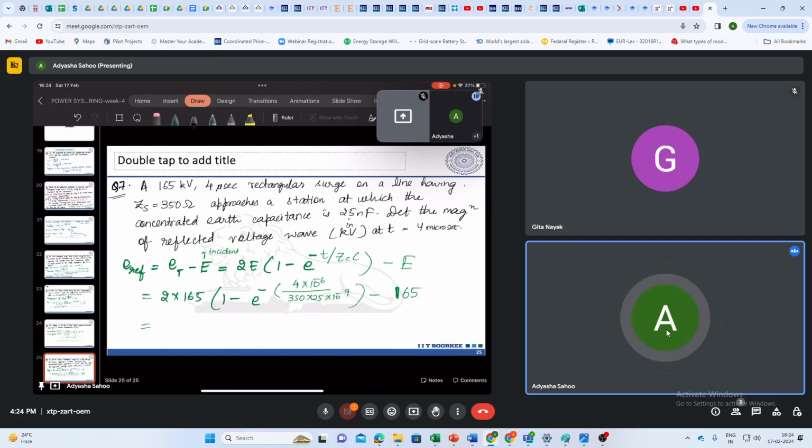This is 121.0803 minus 165. That is coming out as minus 43.92 kV. So finally your E reflected is minus 43.92 kV.